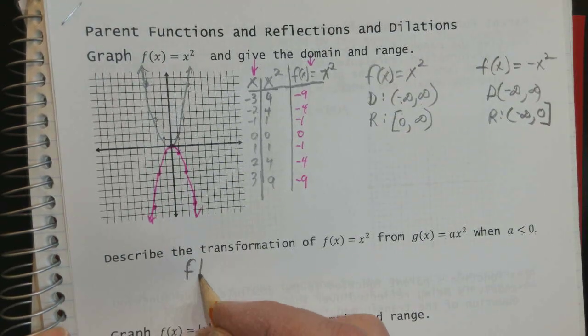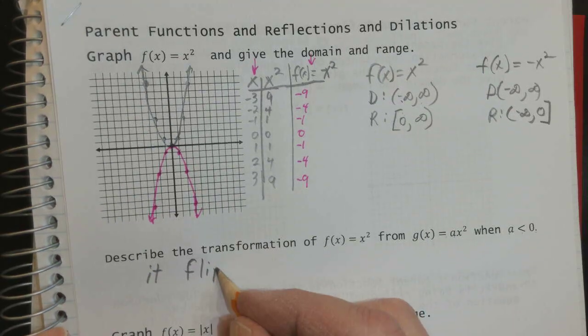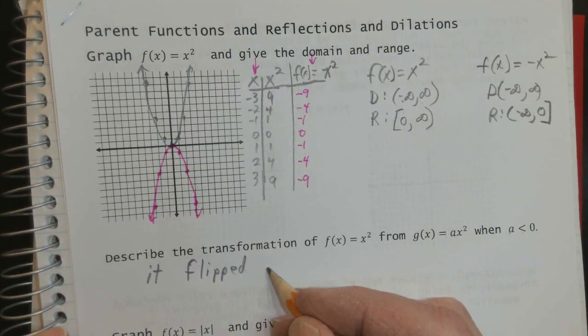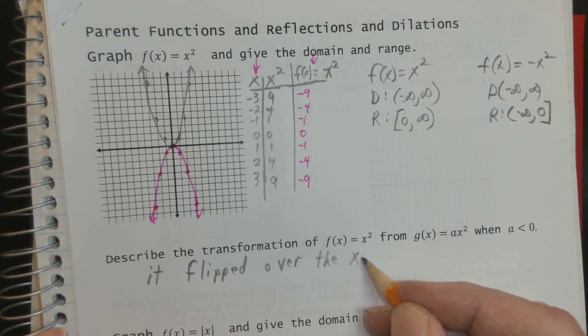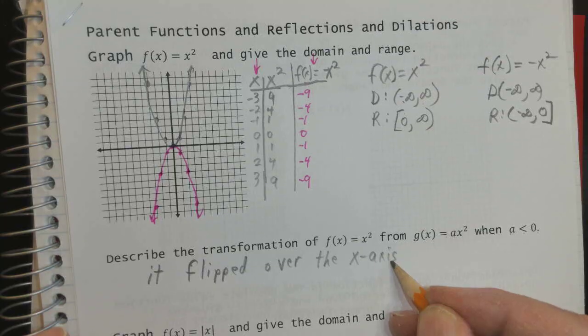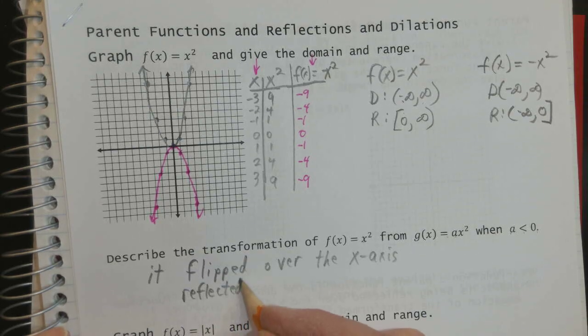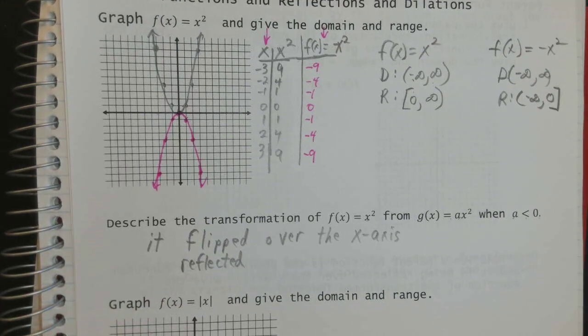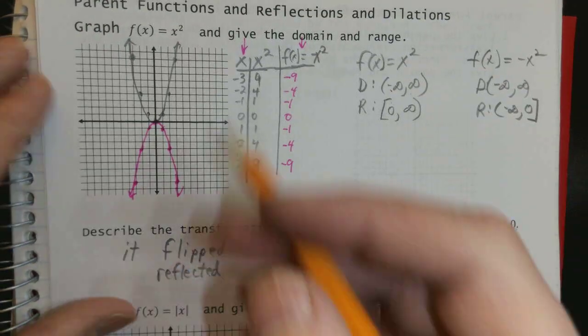Okay, so it flipped over the x-axis. All right, that is well said. Now, the more technical term is it reflected over the x-axis.